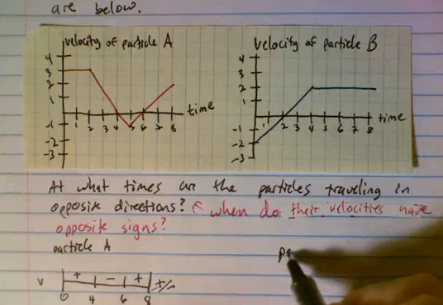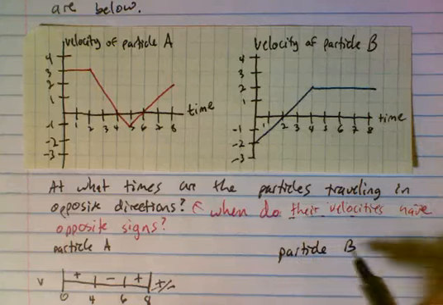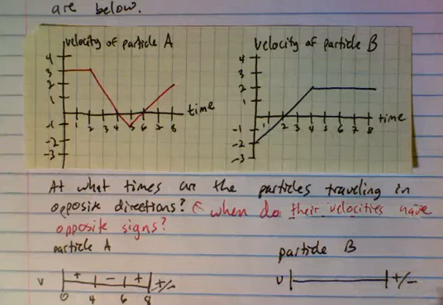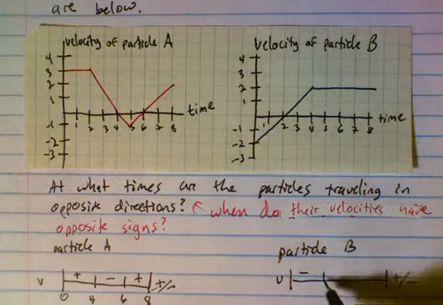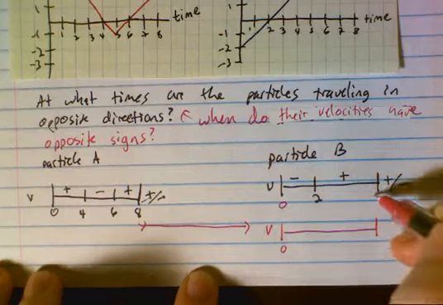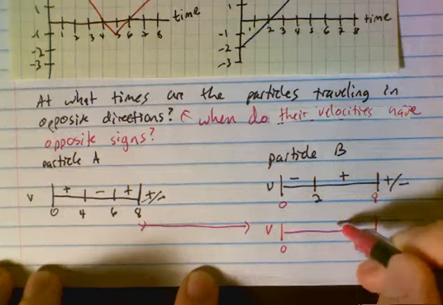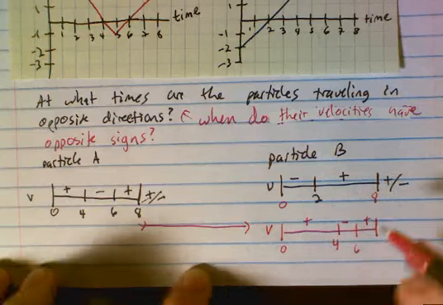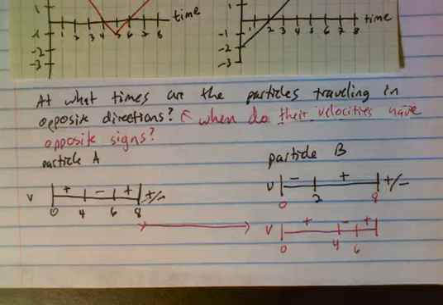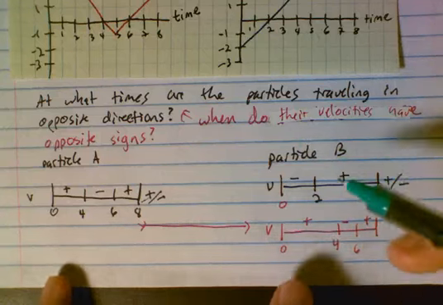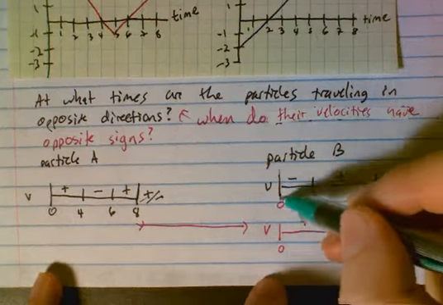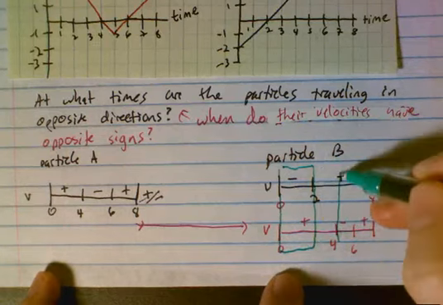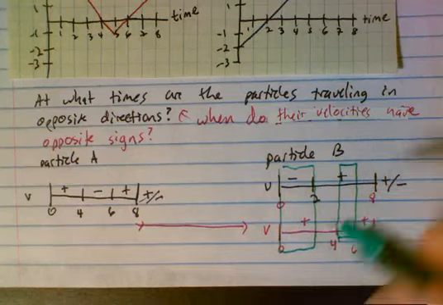Whereas over here for particle B, it's negative up and if I overlap them, I'm looking for where their velocities have opposite signs. So here, the top one's negative, the bottom one's positive. Here, the top one's positive, the bottom one's negative. And there we go.